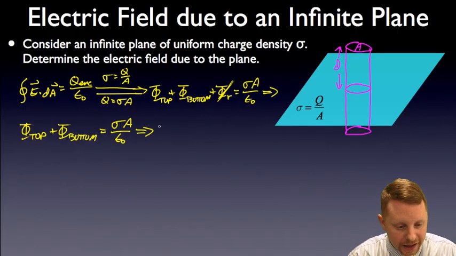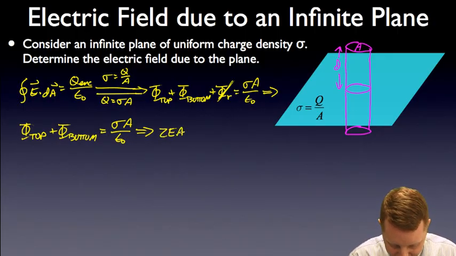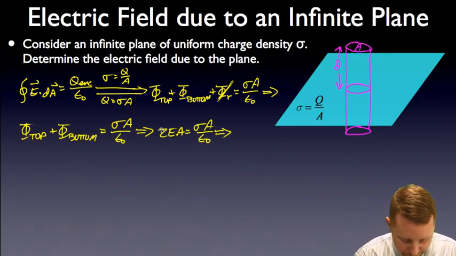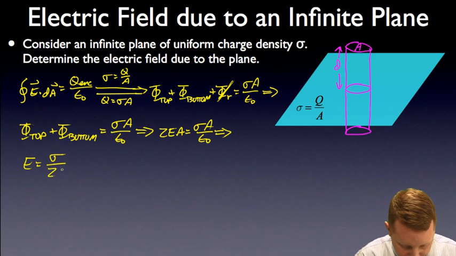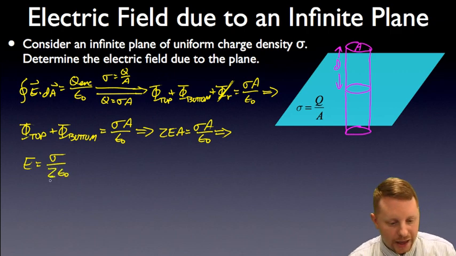So we have EA through the top. We have EA through the bottom. So that's 2EA must be equal to sigma A over epsilon naught. Or solving for the electric field, it's sigma A over 2 epsilon naught A, or sigma over 2 epsilon naught.